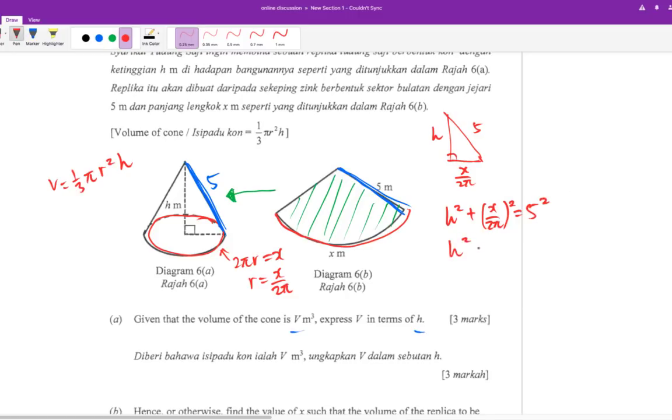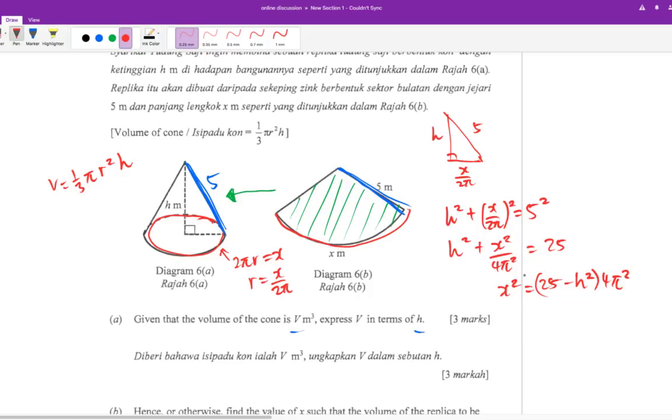So h square plus x square over 4 pi square equals 25. Then I make x square the subject, because the question wants it in terms of h, which means I cannot have x there. So x square equals 25 minus h square, multiplied with 4 pi square. I hope you can see that.